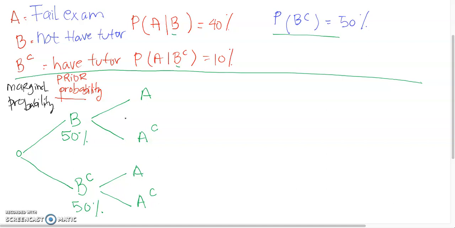Now for the next one, let's just use the black one. This is the conditional probability, or in Bayes' theorem, it is called the posterior probability.